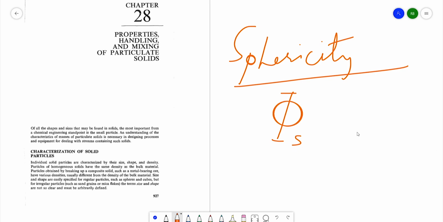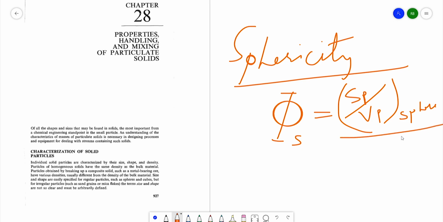So this is called sphericity. How is it defined? Sphericity is equal to the surface by volume ratio of the sphere divided by the surface by volume ratio of the particle.